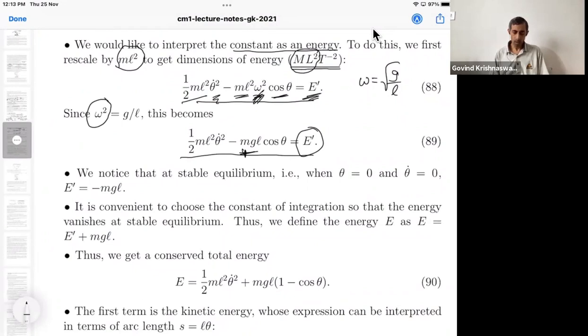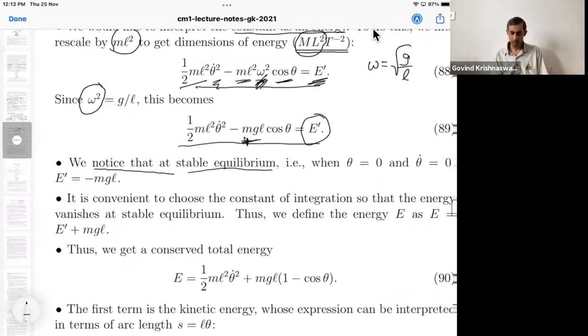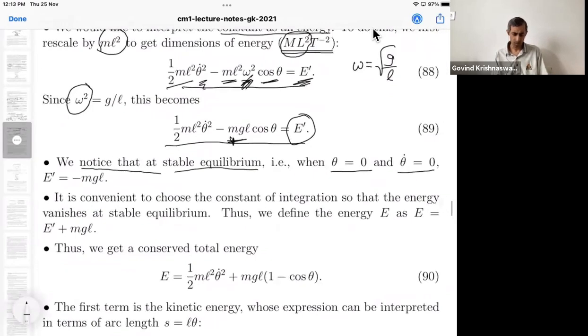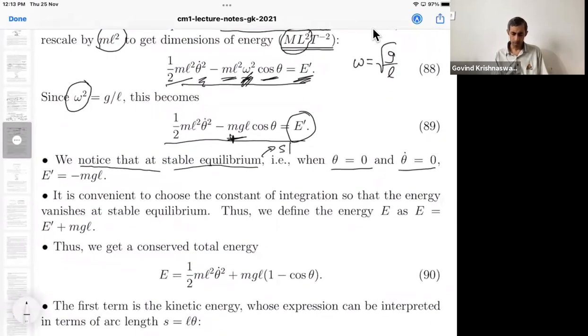Now, again, the definition of energy is partly up to us. Now, notice the stable equilibrium situation, namely when theta is 0 and theta dot is 0. This is the stable equilibrium state, where the bob is hanging vertically downwards and not moving at all.